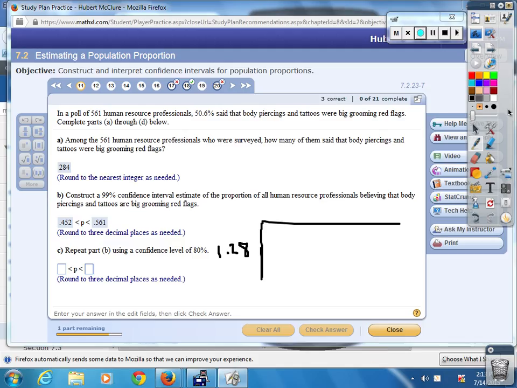Which we can do. Let me get my handy dandy calculator back up here. There we go.